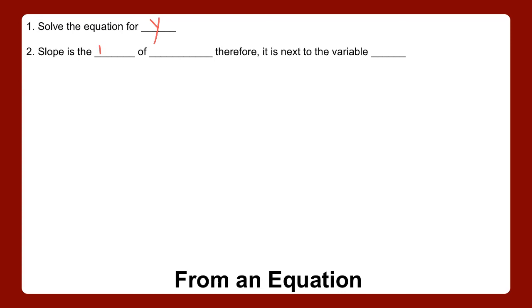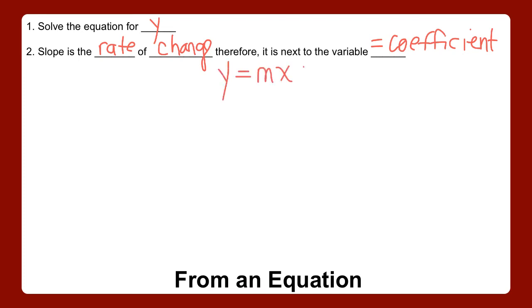Slope is the rate of change. Therefore, it is next to the variable. In the past, we've called that our coefficient. And our famous equation, y equals mx plus b, is the format we are looking for.